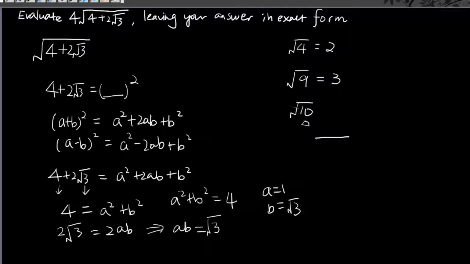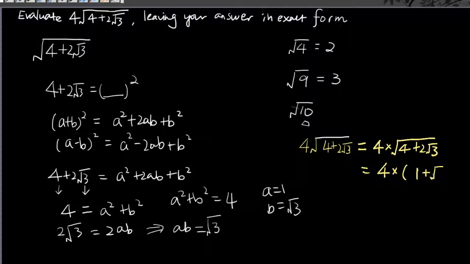This is the question: 4 square root of 4 plus 2 root 3 equals 4 times the square root of 4 plus 2 root 3, which is 4 multiplied by the square root of (1 plus root 3) whole thing squared.